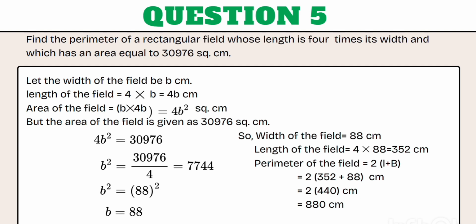Length of the field is 4 into 88, that is equal to 352 centimeter. Hence, perimeter of the field is 2 into (length plus breadth), 2 into (352 plus 88), 2 into 440 equals 880 centimeter. So, perimeter of the field is 880 centimeter.